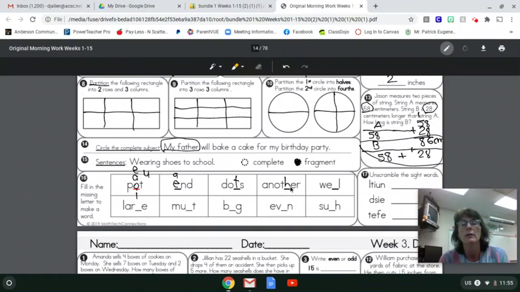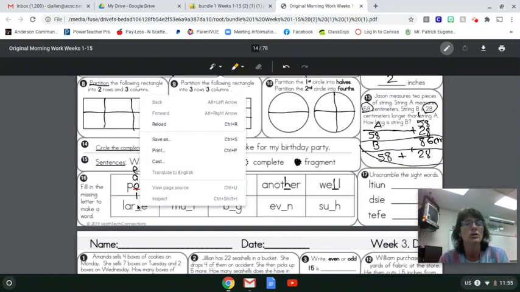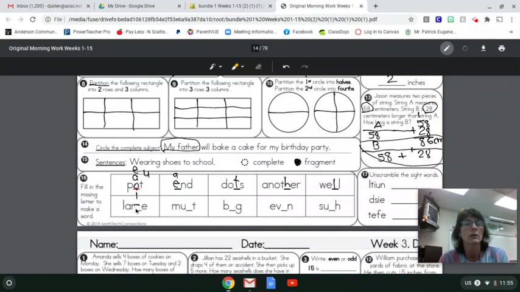Another. Well. Large. Must. Big or bug or bag or beg. Even. And this is a tough one. Such.